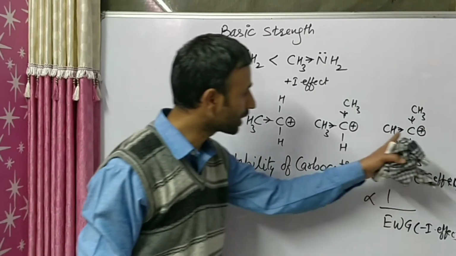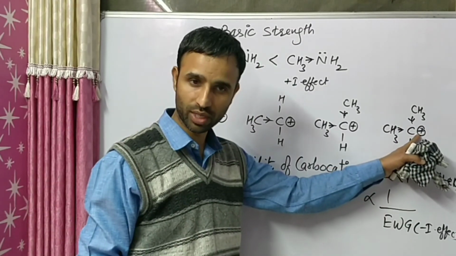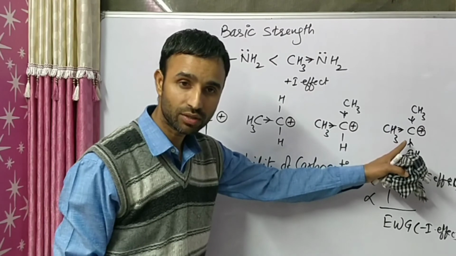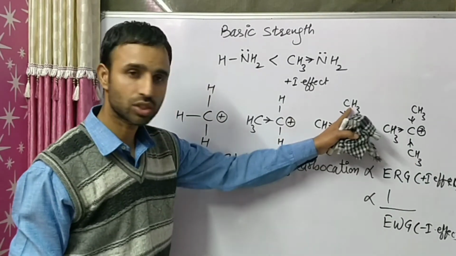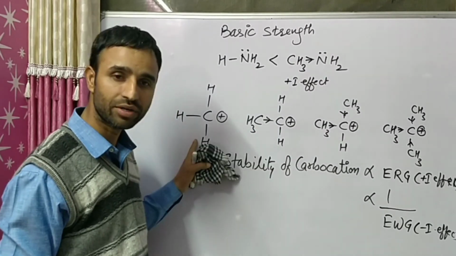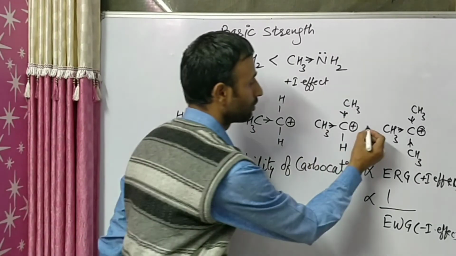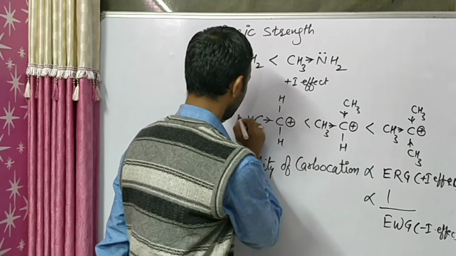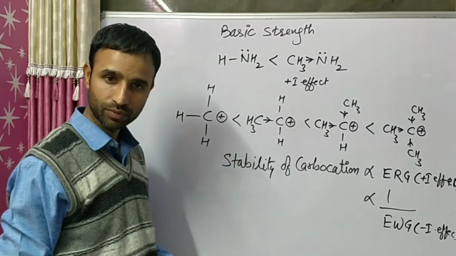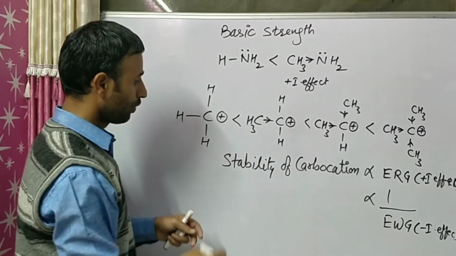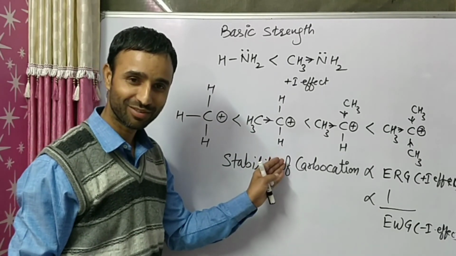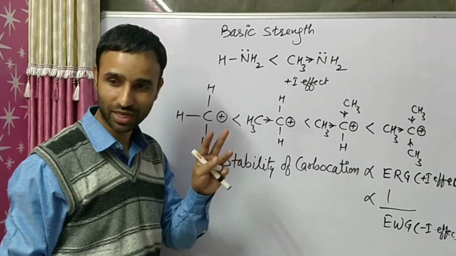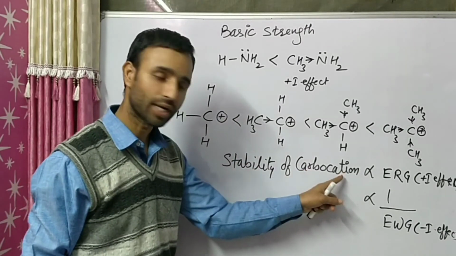So the inductive effect is maximum in the tertiary carbocation, plus I effect, because they are alkyl groups, methyl groups. In this case, two methyl groups, and one has none. So the stability order is like this. Now, this is a carbocation. And what is a carbocation? Carbon has positive charge. That's why it is called a carbocation.